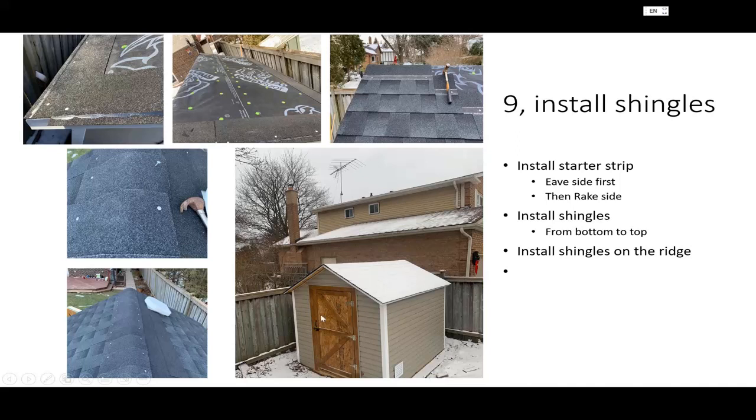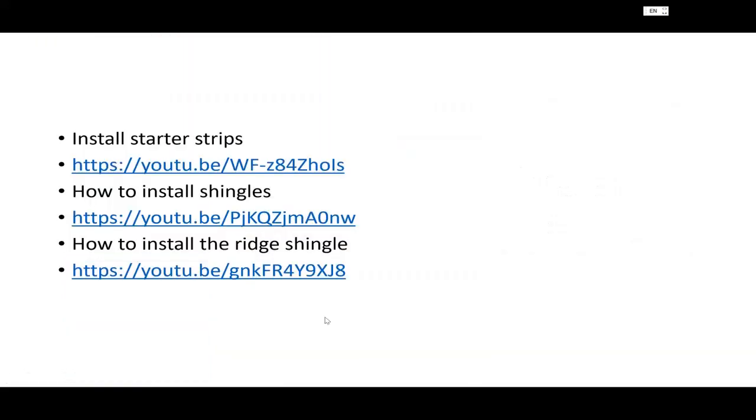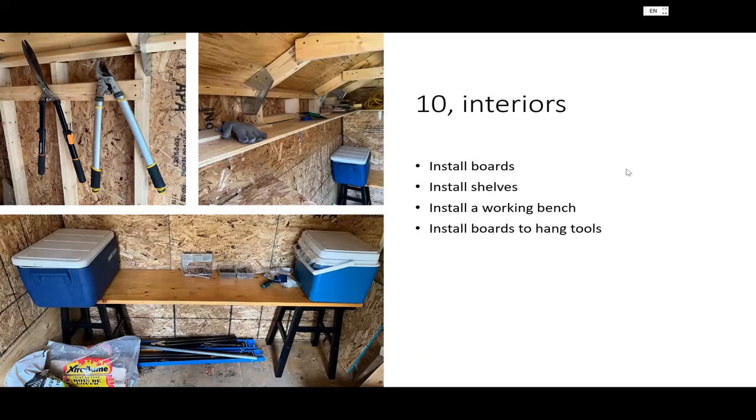This is something I finished in 2021, and then in 2022 I made some improvements to the interior. So here I installed some boards. The boards are here because, as you can see, you have some nails that you use for the vinyl siding, so they all stick out.